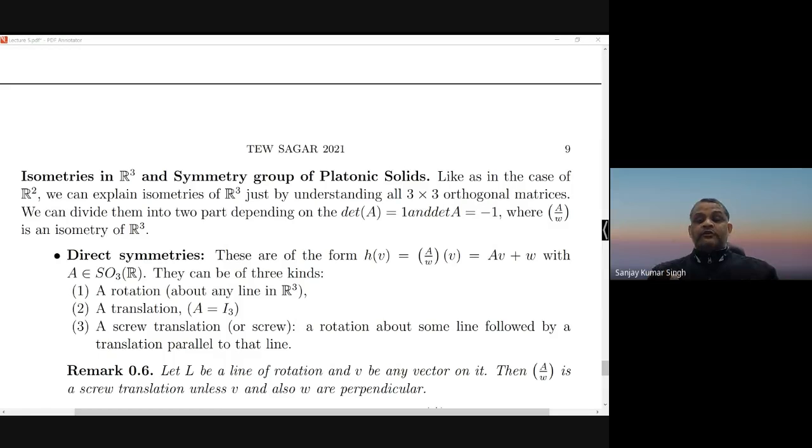If I take a finite subgroup of O2, then of course it is a cyclic group, and the order can be anything, and it is also a dihedral group. And what is SO2? You just try to find out what SO2 is, then you will realize very easily what the finite subgroups are.